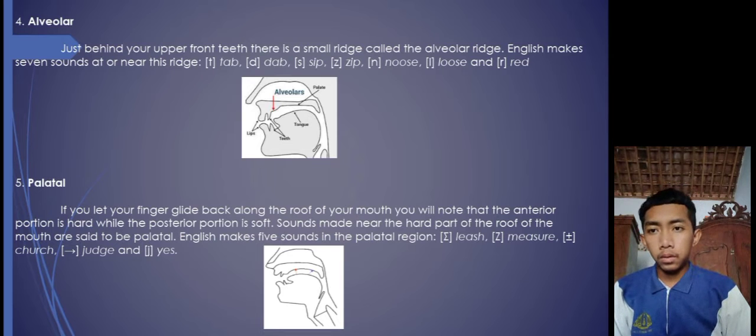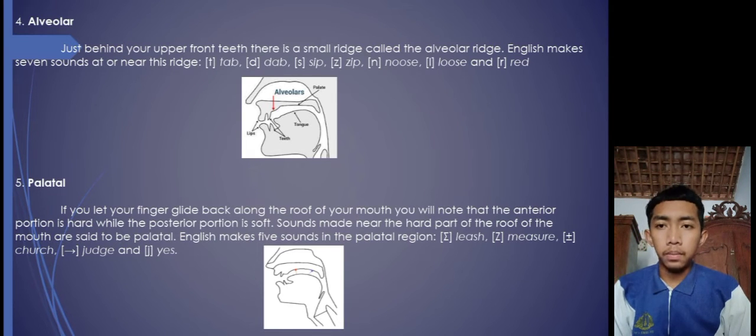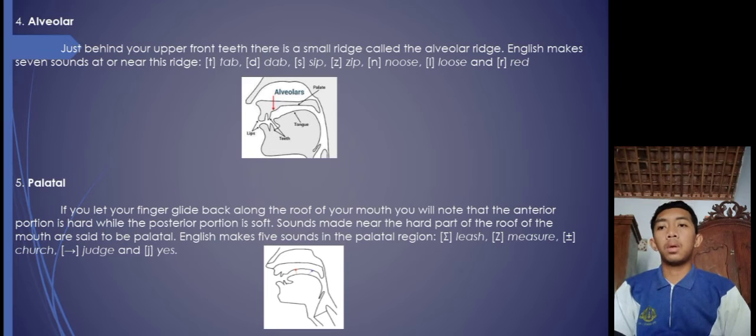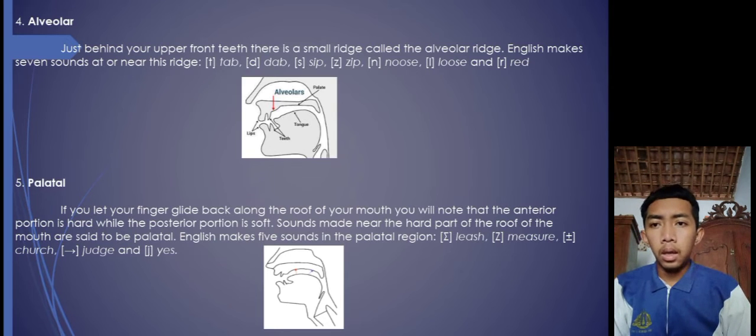English has 5 sounds in the palatal area: lace, measure, charge, and yes. Palatal in phonetics are consonant sounds produced by raising the blade or front of the tongue toward or against the hard palate just behind the alveolar ridge or the gums.